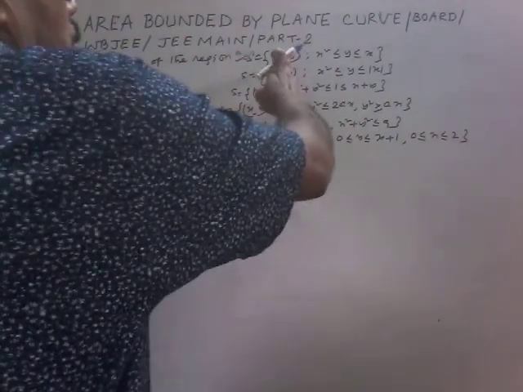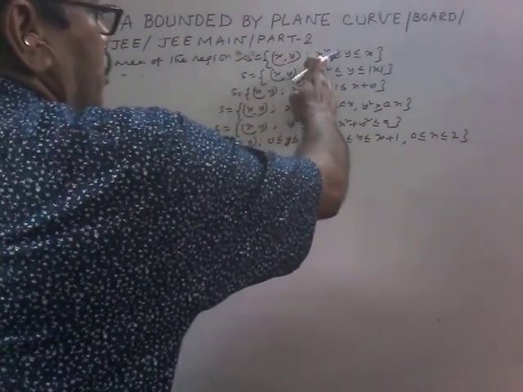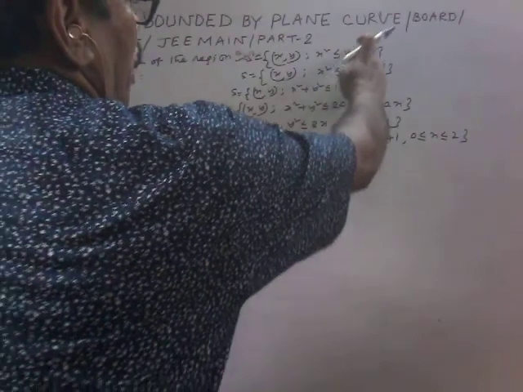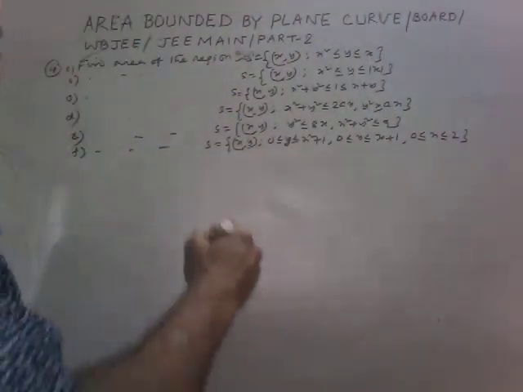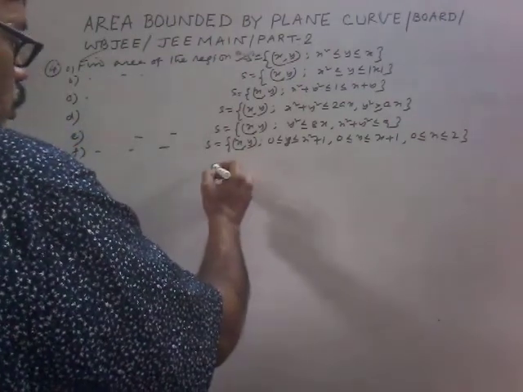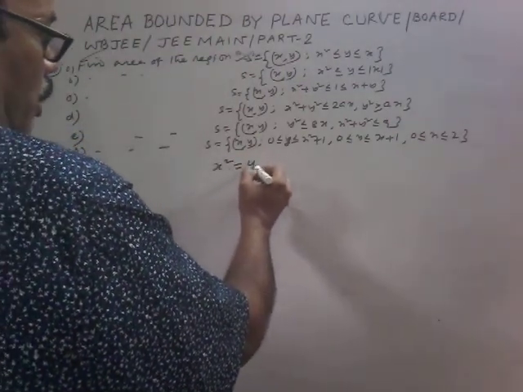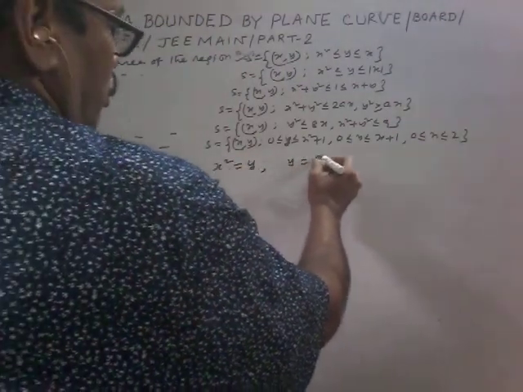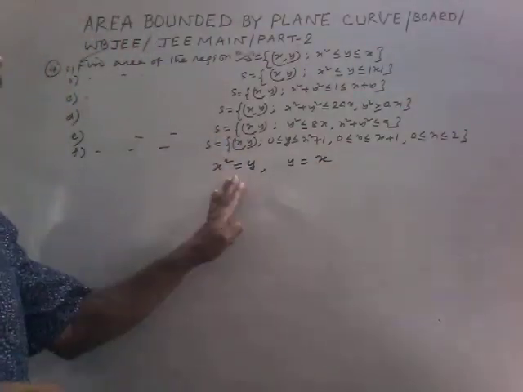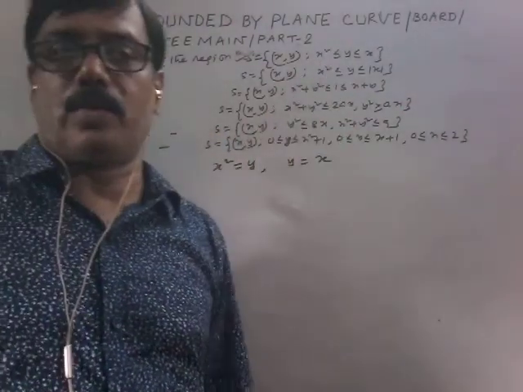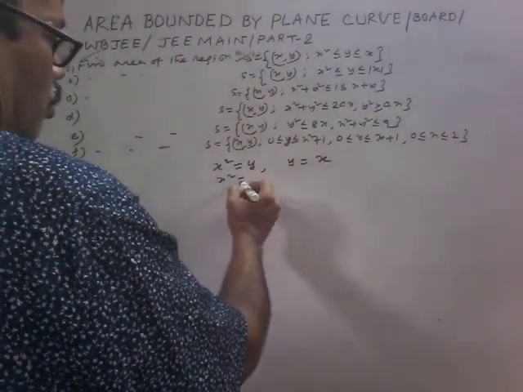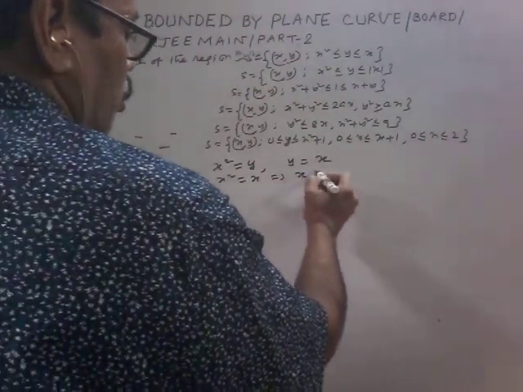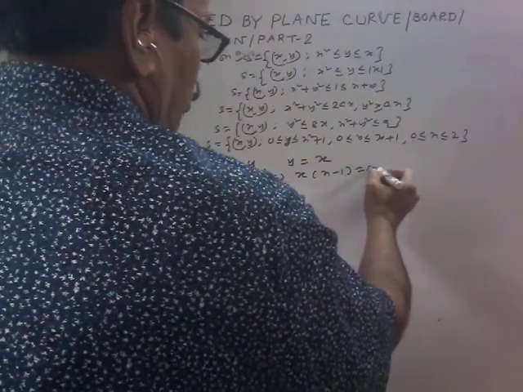S equals {(x, y): x square less than or equal to y, and y less than or equal to x}. So what is the corresponding equation? We write the corresponding equations: x square equals y and y equals x. If we solve this, x square equals x, so x into x minus 1 equals 0.